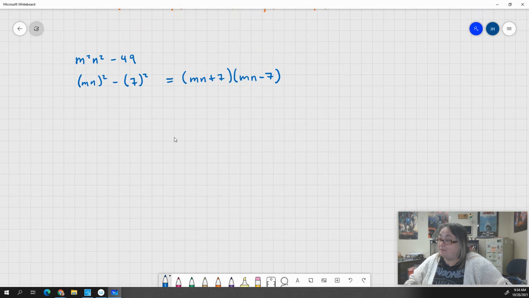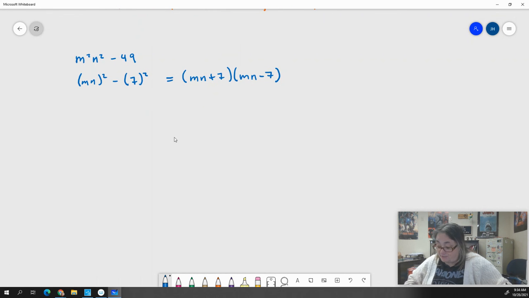Sometimes they'll try and trick you a little bit with difference of squares. But remember, with these problems, we're always supposed to look for a greatest common factor first to pull out. So if I have, this will be the most complex one that you would see, what if I have 2a squared b minus 32 a to the fourth b.